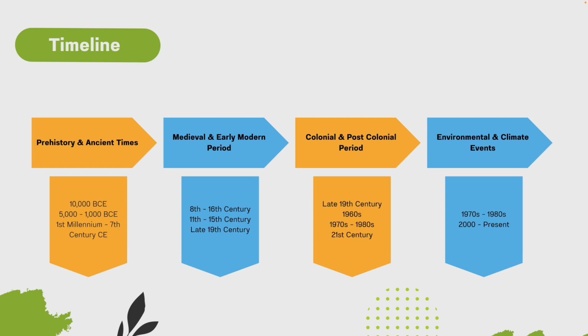And between the 1970s and 80s, the Sahel region experiences severe droughts, leading to widespread famine and humanitarian crisis. And in the 21st century, Sahelian countries continue to grapple with challenges such as political instability, ethnic conflicts, terrorism, and environmental degradation, while also making strides in economic development and regional cooperation.